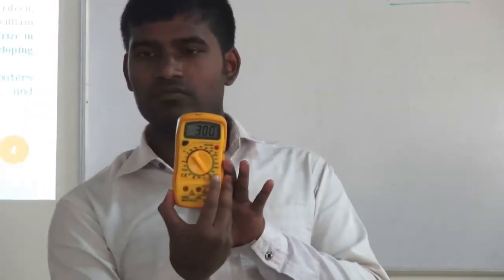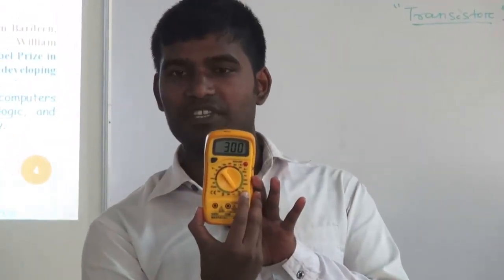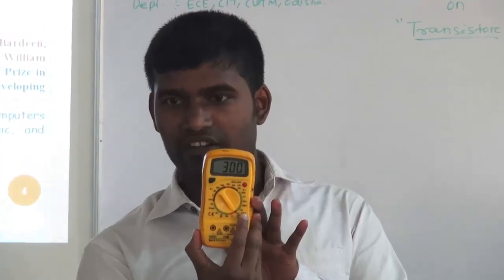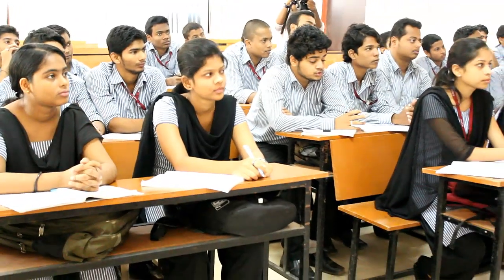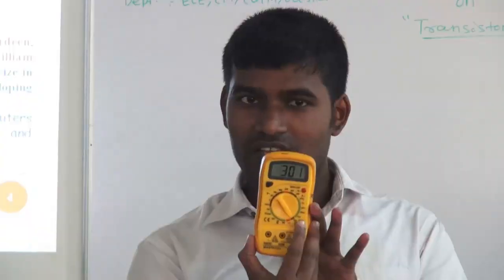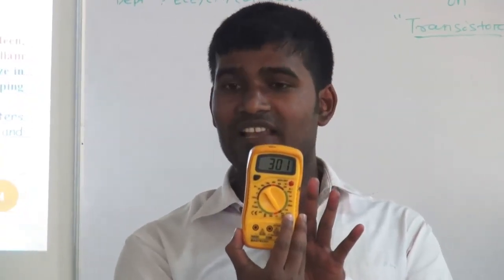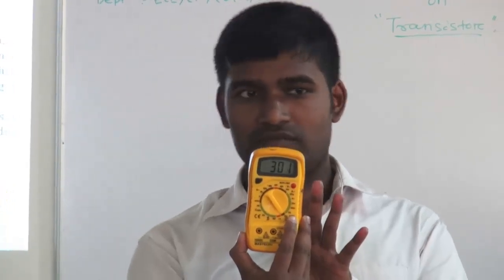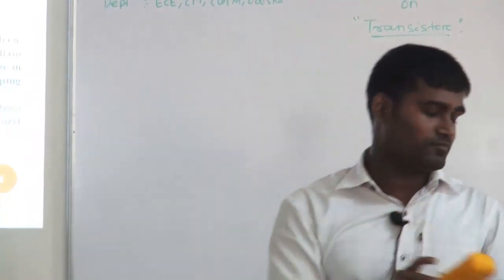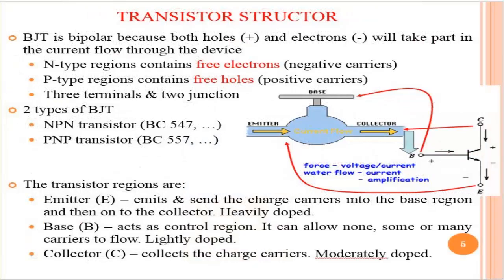It gives a beta value, that is IC by IB, 300 something. This is the beta value of the transistor. So it can be measured in this way.